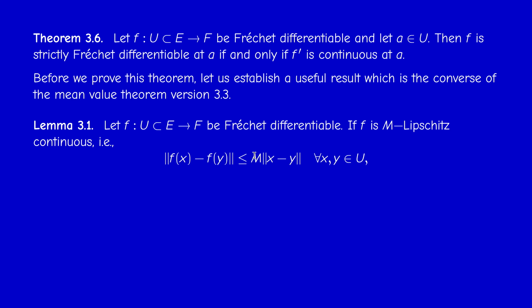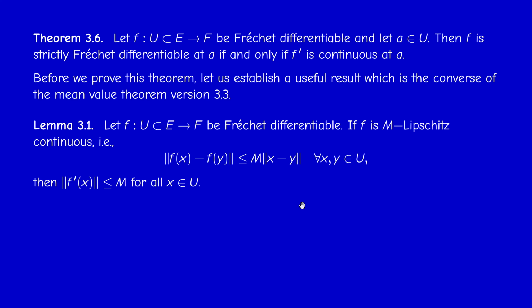So if we know that the function is m-Lipschitz continuous, which means that for every two points x, y in the domain, the distance between their images is less than m times the distance between x and y, then actually the derivative, which is assumed to exist, is less in norm than this constant m.